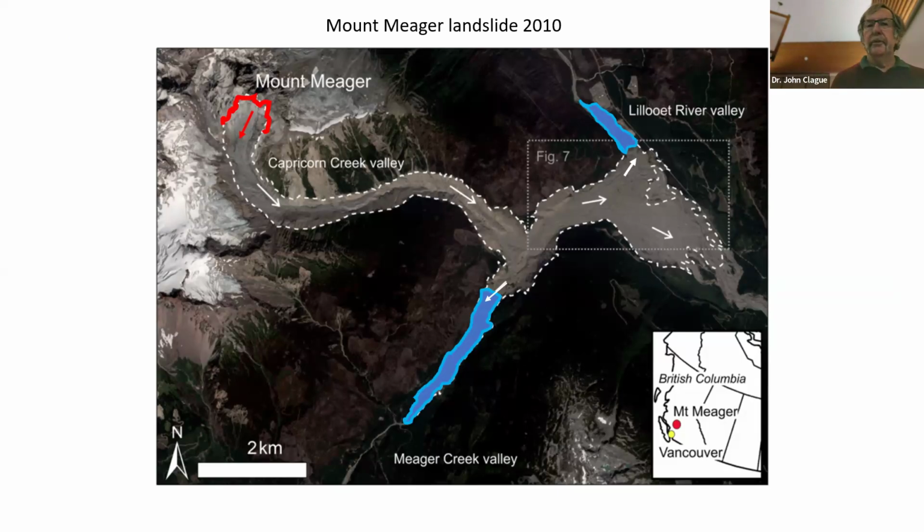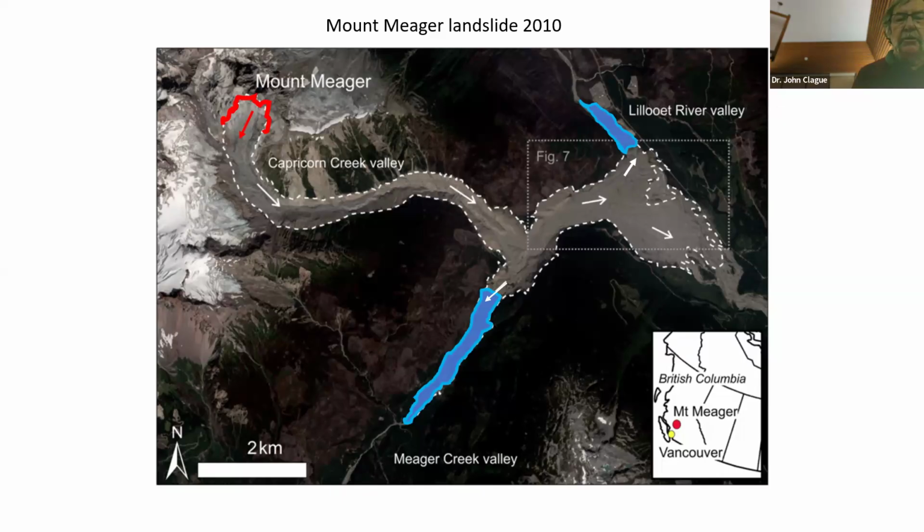It's about 50 million cubic meters. It was one of these rock avalanche debris flows that came off the flank of Mount Meager, traveled down the valley of Capricorn Creek, and entered the valley of Meager Creek, where it then took a big turn and flowed down into the valley of the Little River.